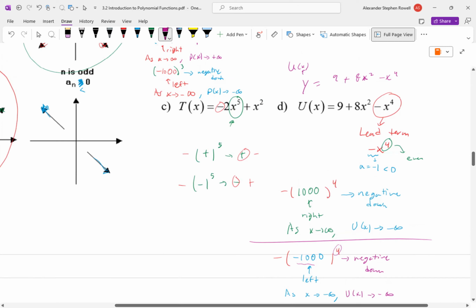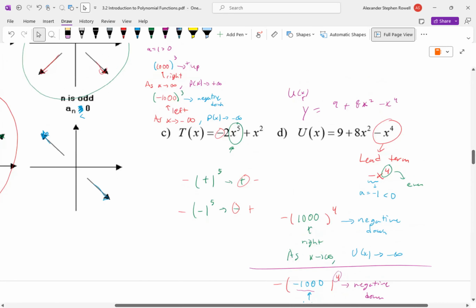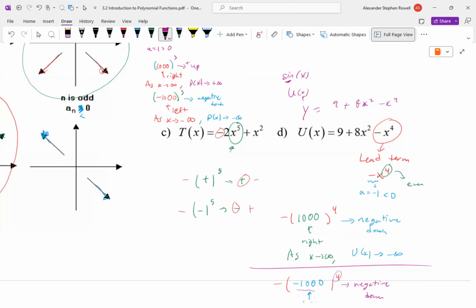So that's one advantage of function notation. The other advantage is I can name it. I can call it u, or I could call it even sine. This is another function where the name is sine. So function notation allows me to name it and be more descriptive. Also, it allows me to specify what x value I am plugging in.